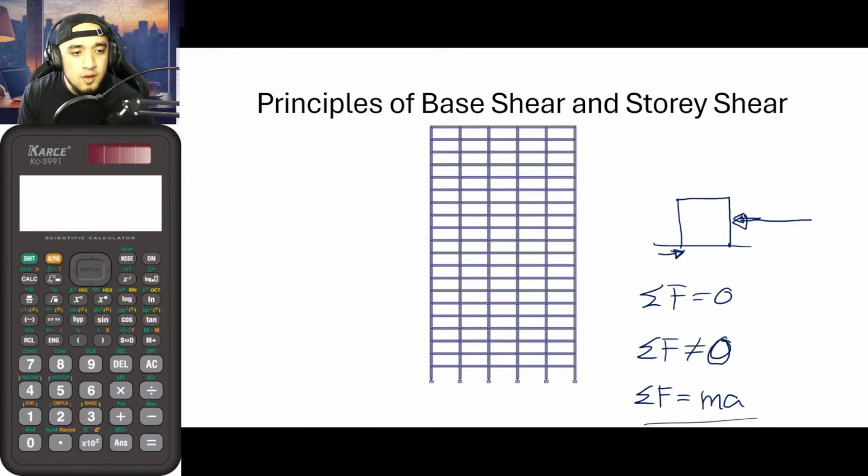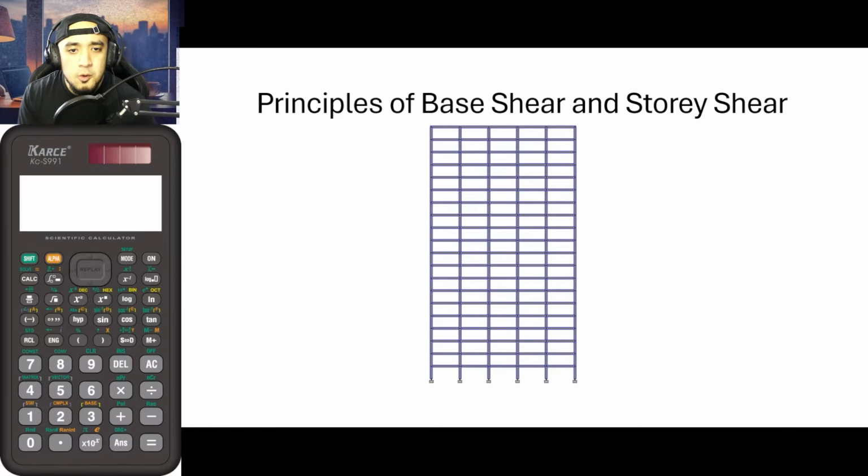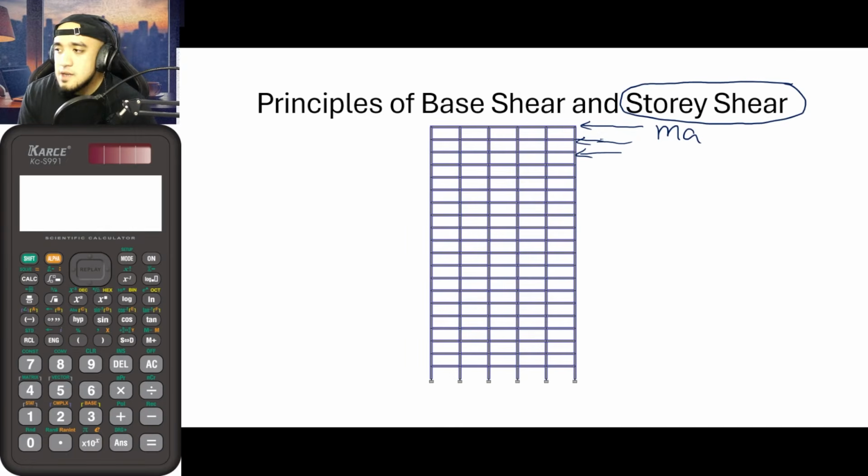Going back to our structure, in order for the building to move, there must be an unbalanced loading acting upon it. Let me just draw some forces here. These forces would be called the story shear, whereas the story shear is equal to mass times acceleration.